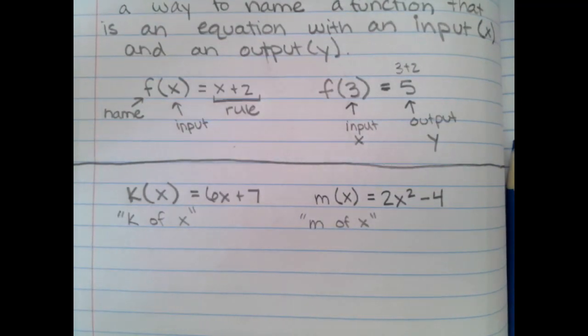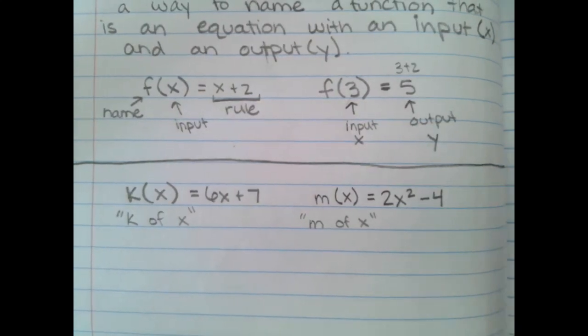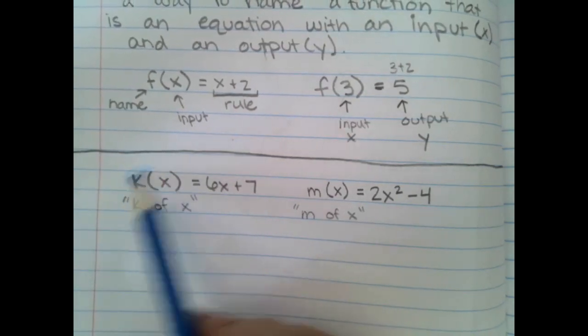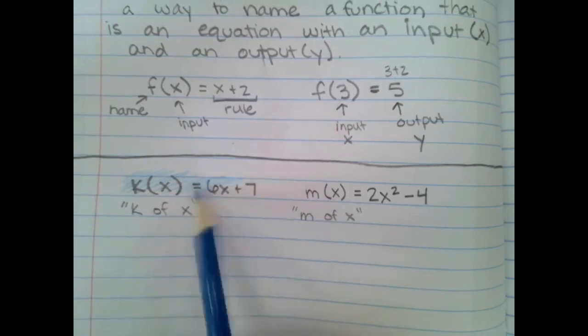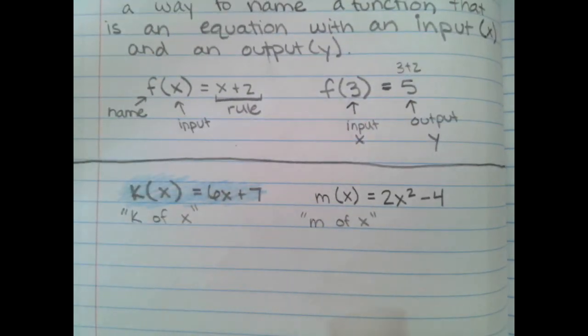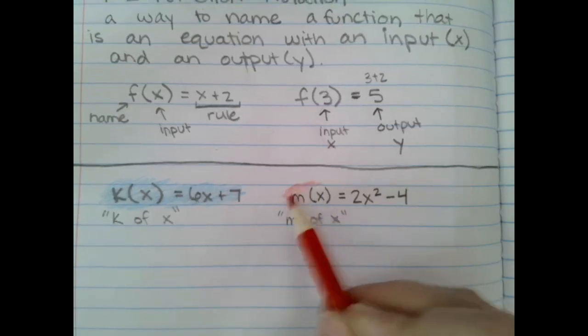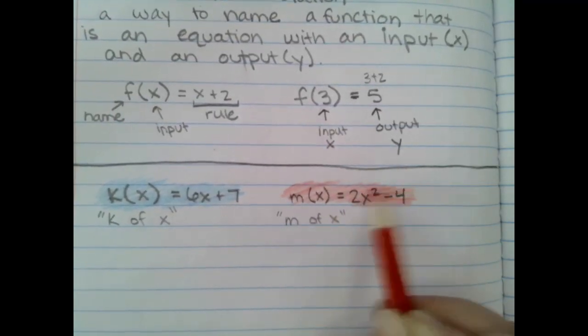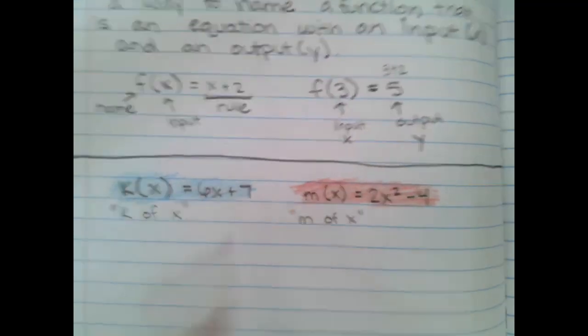We use that word of to show that we're doing an input. All right, this is the point where you're going to color code if you'd like to with your colors. I'm going to do k in blue, and I'm going to do m in red. So if you'd like to use colors, you can. Pick 2 colors, doesn't have to match mine. You could use highlighters today, could be good use.